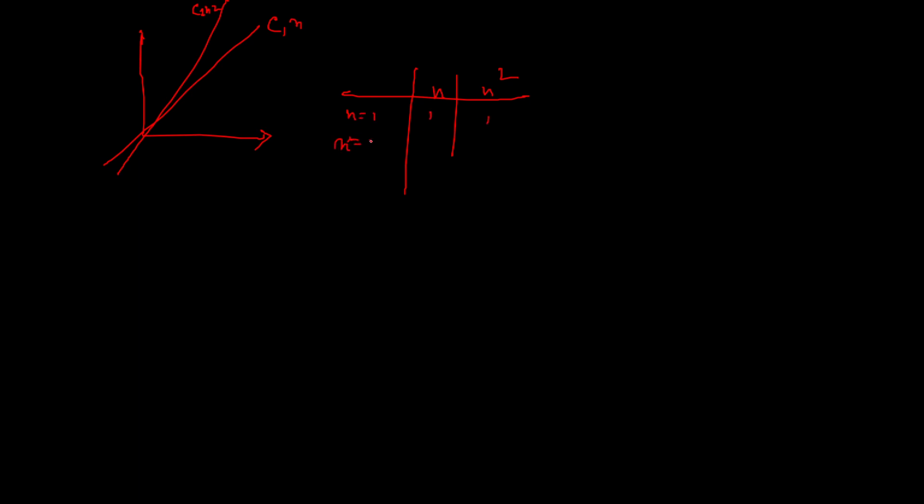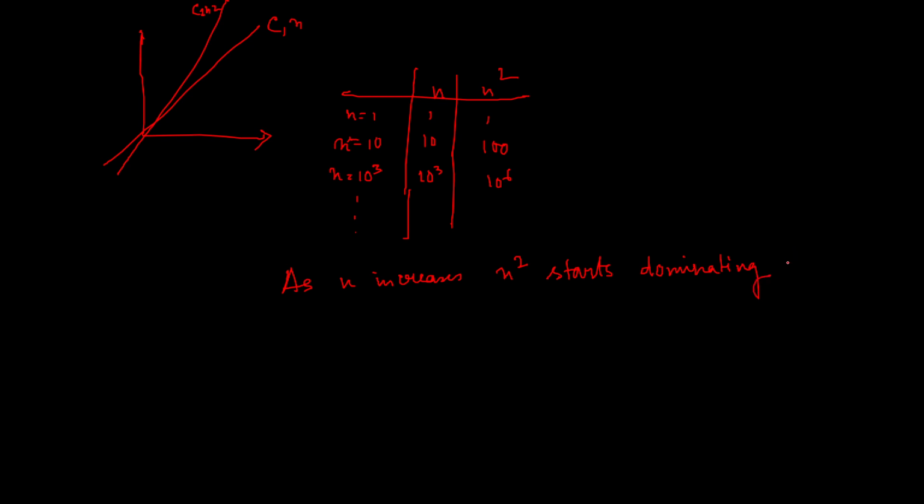When n is equal to 10, this is 10 and this is 100. When n equal to 10 to the power 3, this is 10 to the power 3, this is 10 to the power 6. So you see, as n increases, n square starts dominating n.